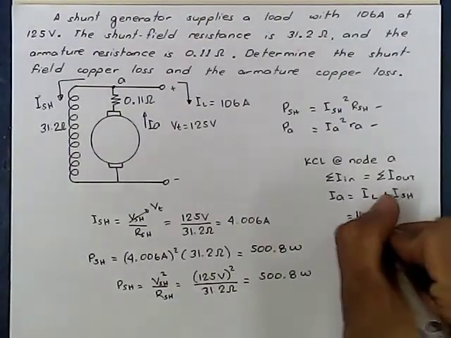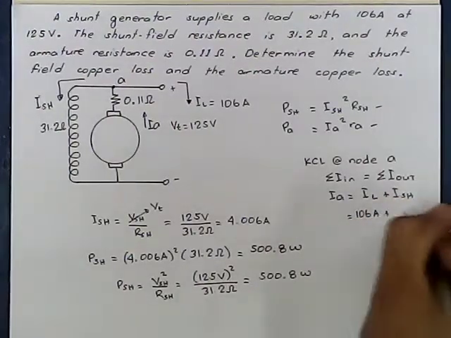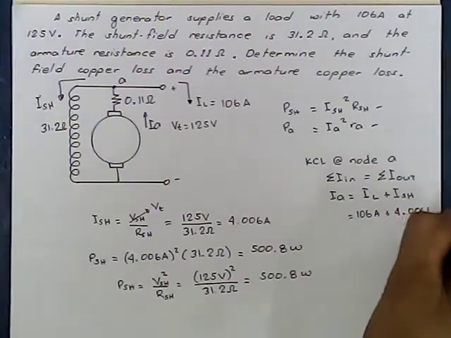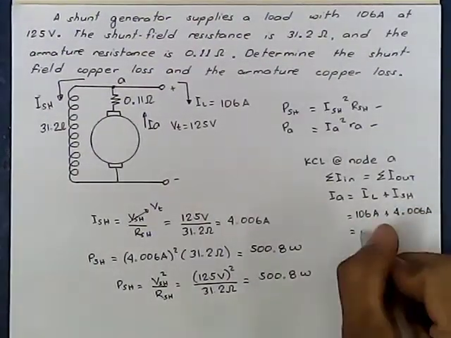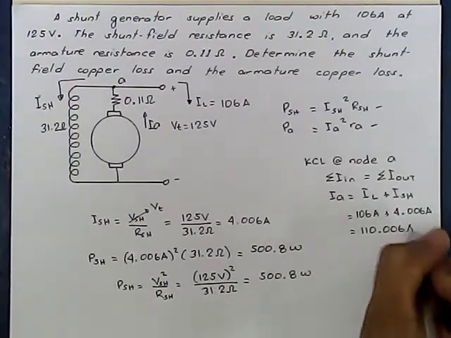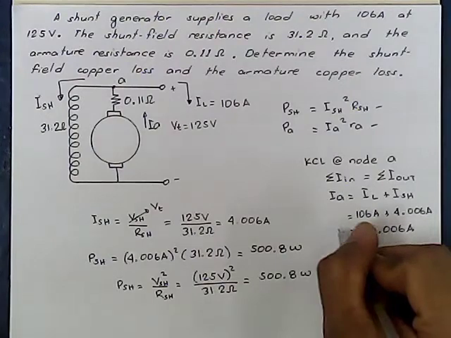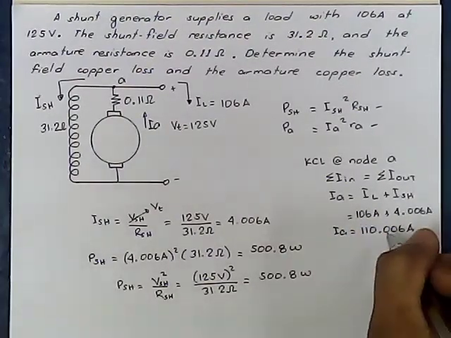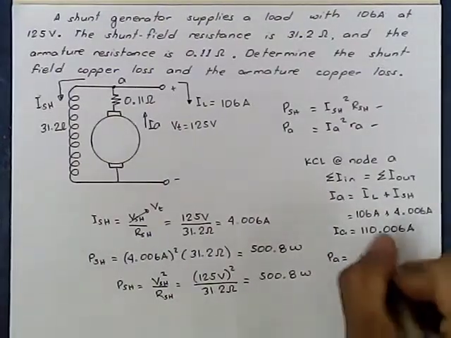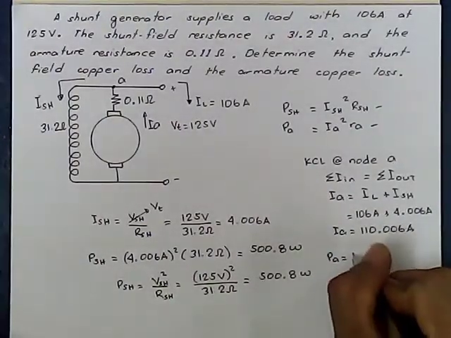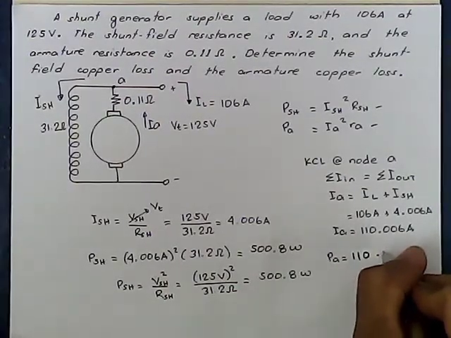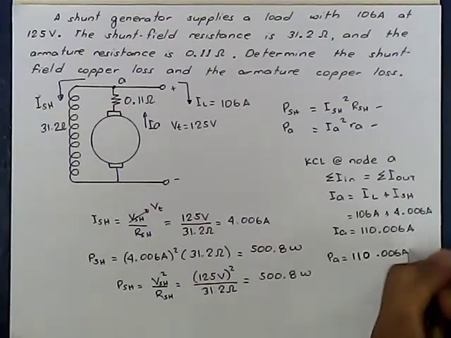IL is 106 amperes plus ISH is 4.006 amperes. Ito, magbibigay sa atin ng 110.006 amperes. Substitute natin ito dito sa formula natin. We have PA equals 110.006 amperes.